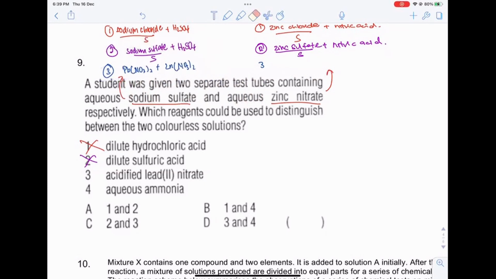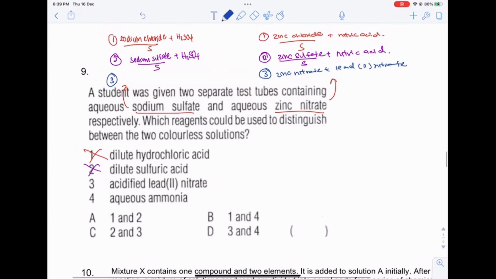Okay. This is not so easy. Seems easier for me to just cancel and rewrite. So zinc nitrate plus lead-2 nitrate. And for sodium sulfate, you'll get lead-2 sulfate, sorry, plus sodium nitrate. Sodium nitrate, you know that sodium is always soluble, nitrate also.